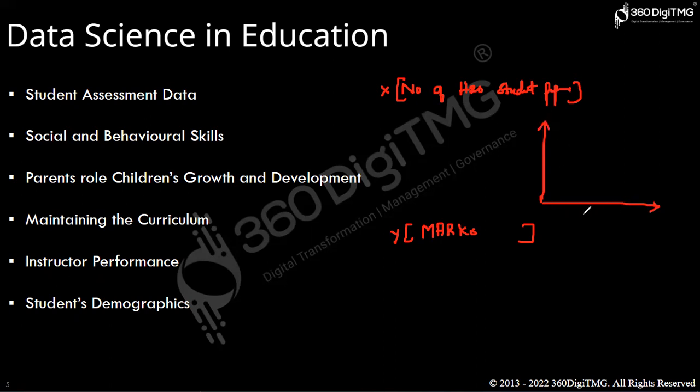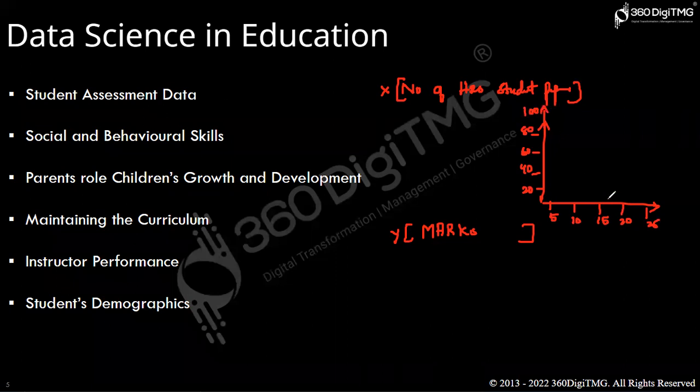When I look into the analysis here, if the number of hours increases like 5, 10, 15, 20 and 25, the marks are 20, 40, 60 and 80, and if you go further, 100.